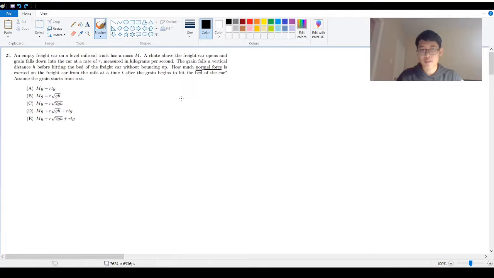Obviously the normal force has to include mg of the car. All the answer choices include mg, so that doesn't really help us. Now let's think about how much grain is actually on the car after time t, after the first grain hits the bottom of the car.